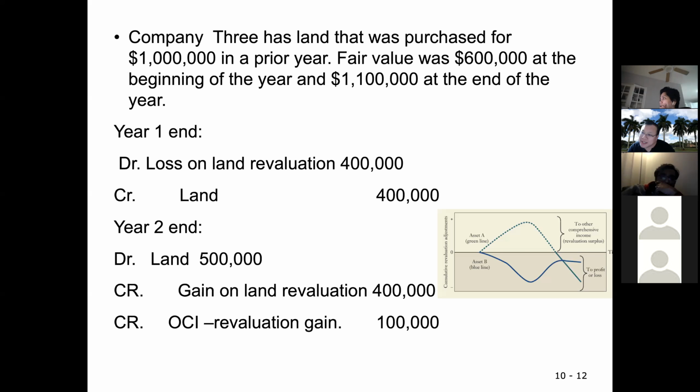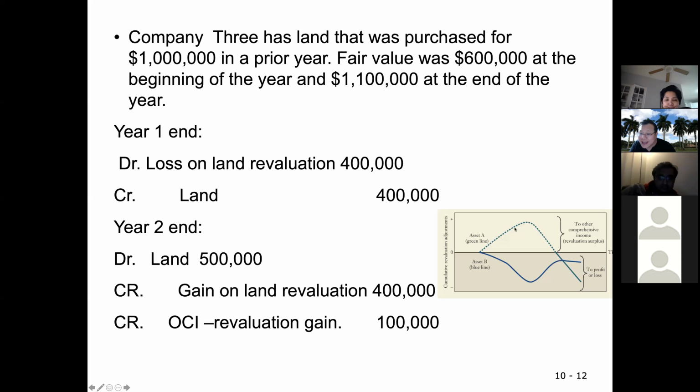You just think about the cumulative. At that point, what is your cumulative? Is it a cumulative gain or a cumulative loss? If it's a cumulative loss, you should not have any OCI gain. That should be 0.